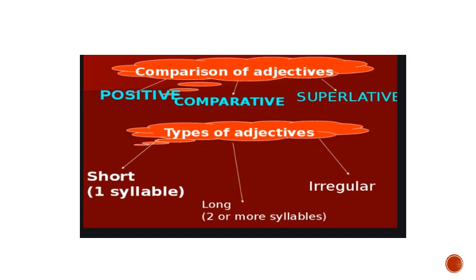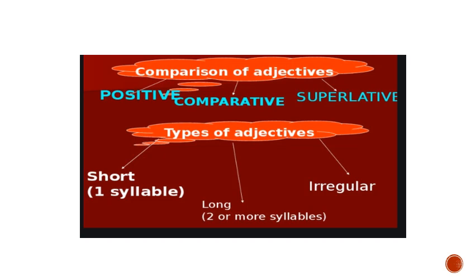While the types of adjectives are tipet ose llojet e mbiemrave janë: we have short adjectives, mbiemra të shkurtër, or we mean one syllable adjectives, mbiemra njërokësh. We have long adjectives, mbiemra të gjatë, or two or more syllables adjectives, ose mbiemra 2 ose më shumë rrokësh.